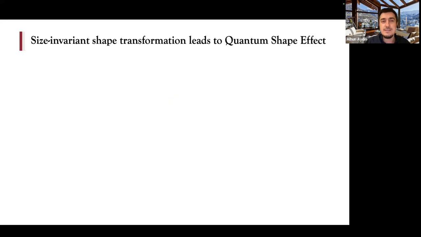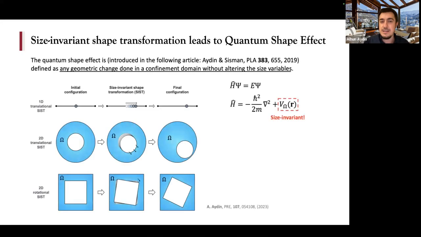It turns out that we can. We call it size-invariant shape transformation. By using this geometric technique, we can do this. And it is actually a very simple technique. For example, let's focus on this 2D example, 2D translational size-invariant shape transformation. Let's consider this as our initial domain, a disk with a concentric disk inside it.